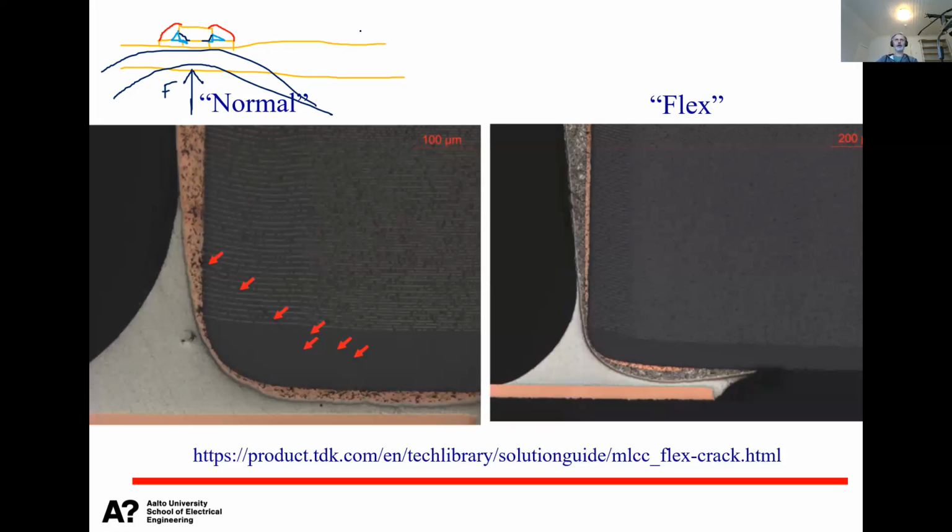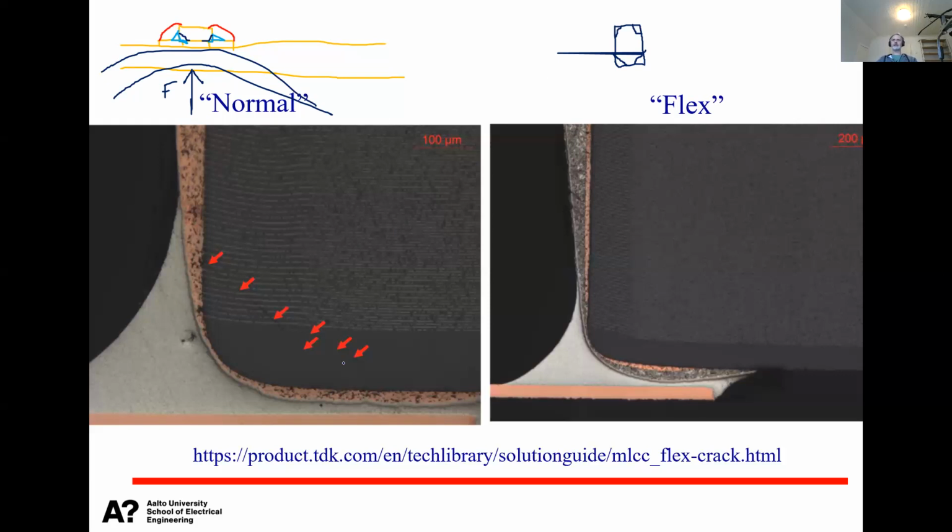Why? Because typically, if you look from the top, where do I draw it? Now we are looking at the capacitor from the top, then the corner cracks are like this. They are not always penetrating through the component, and they are only in this lower corner.